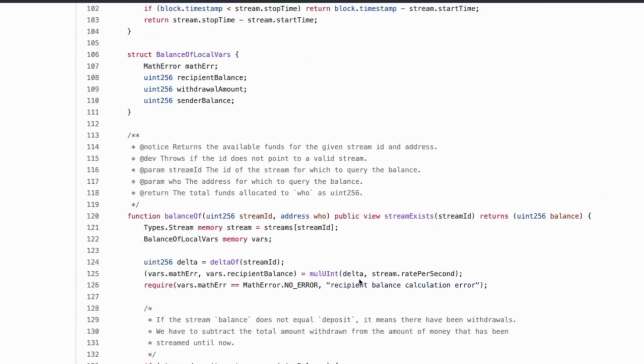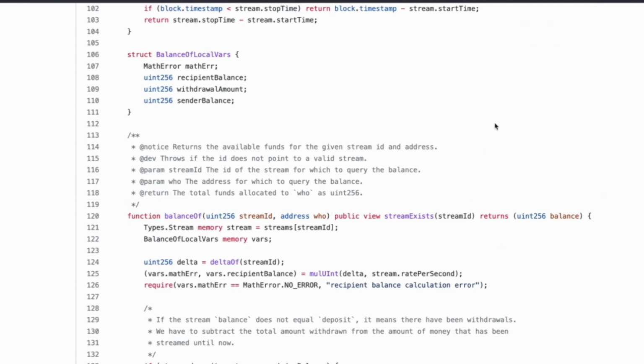So this is called balance of. It returns the available funds for the given stream ID and address. Oh, so it seems like I'm Alice. I transfer the lump sum to Sablier, and then it transfers to Bob, but it builds up in a Sablier pool where Bob can withdraw when he wants and as much as he wants.